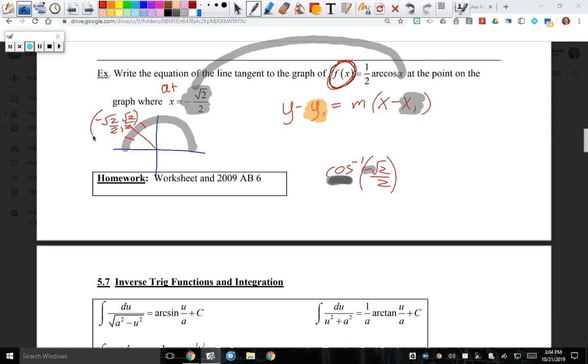So this is going to be 3 pi over 4, and then it's going to be multiplied by 1/2. Right? So it'll be 3 pi over 8. So 3 pi over 8 is now that y value here. So we'll say y minus 3 pi over 8, x minus negative root 2 over 2. And now all I need is just the slope.